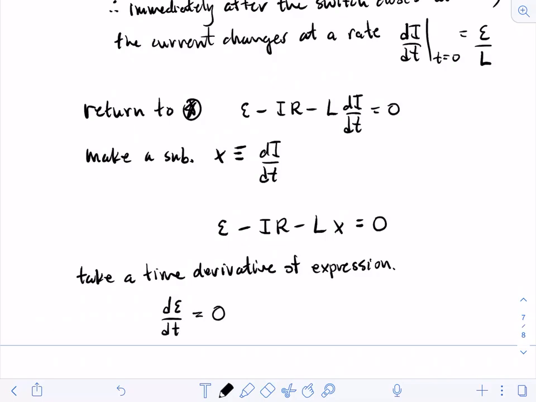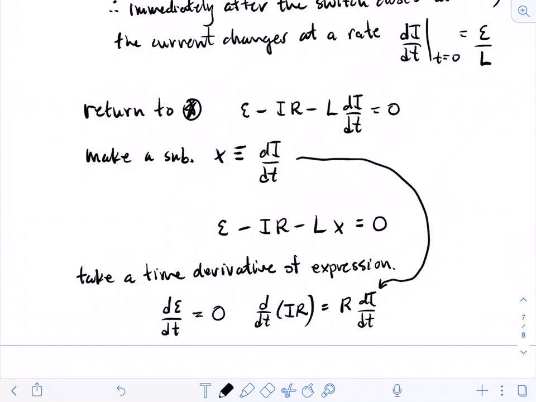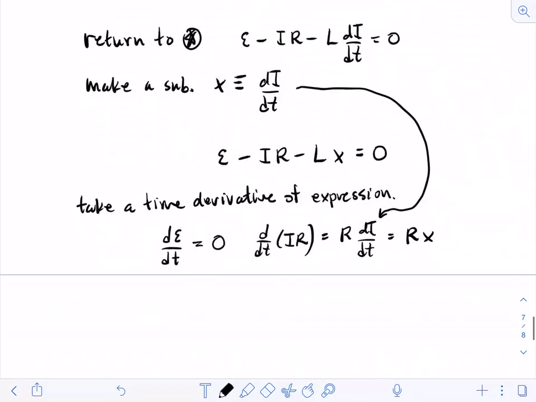Its time derivative is 0. d/dt of IR, R is a constant, so we get R di/dt, but di/dt is what we called X, and so we get R times X. And then the last term, we have L X, d/dt. L is a constant, so this becomes L dx/dt.